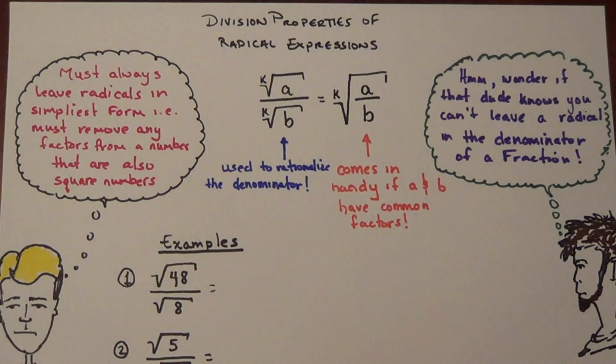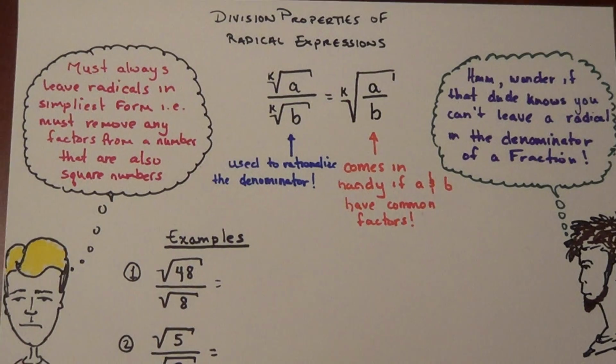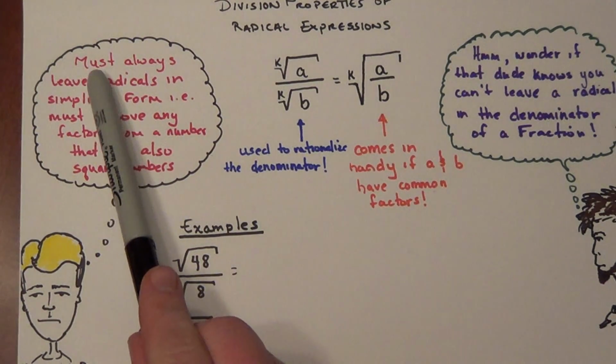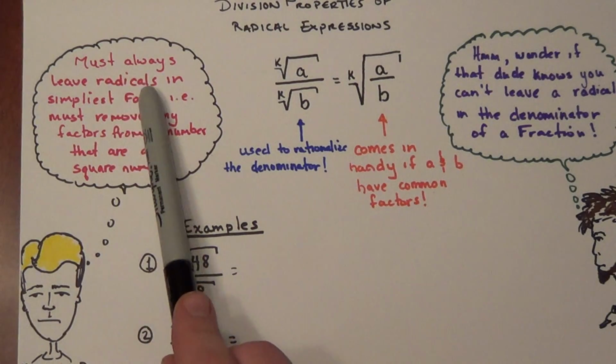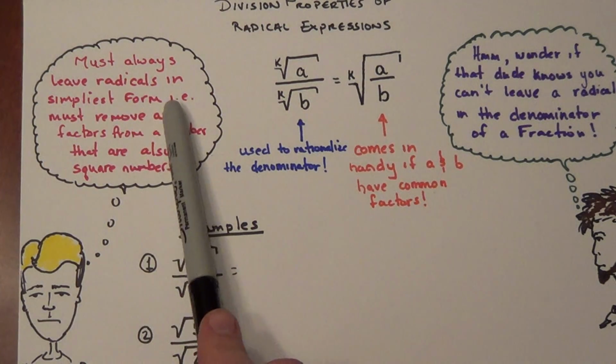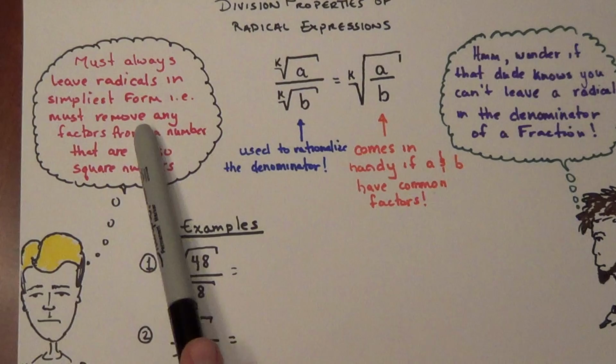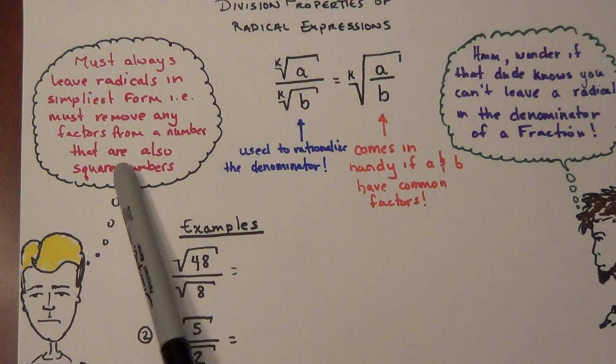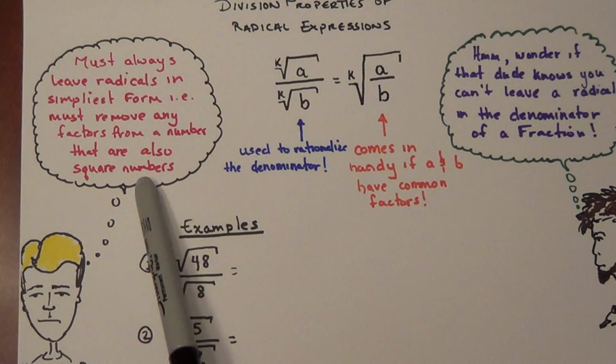So, some other things we have to talk about here. There's one over here in this little illustration. What this says here is that you must always leave radicals in simplest form, i.e. you must remove any factors from a number that are also square numbers.